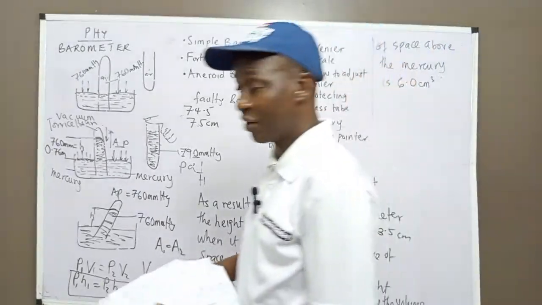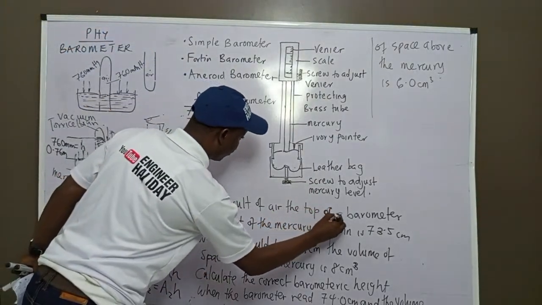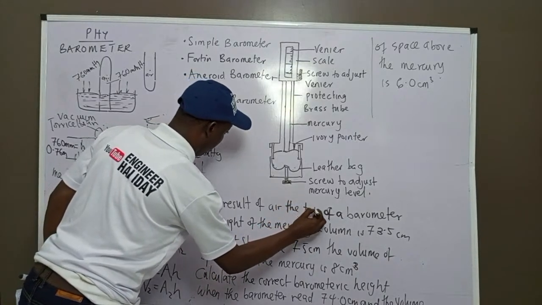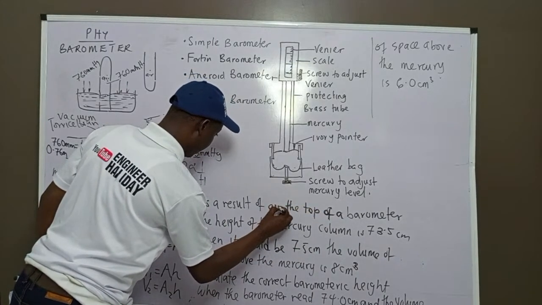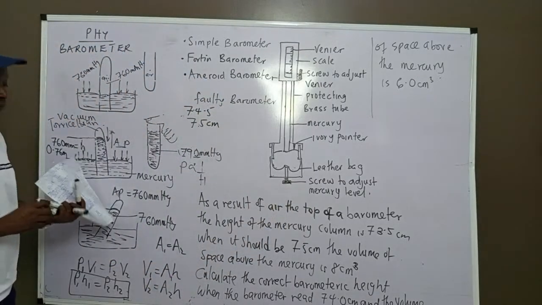Now we want to solve this question. Please take note of that. We want to solve a question on the simple barometer so that we can see that questions do come out from them, and it is not just explaining the theory, it has a calculation also.